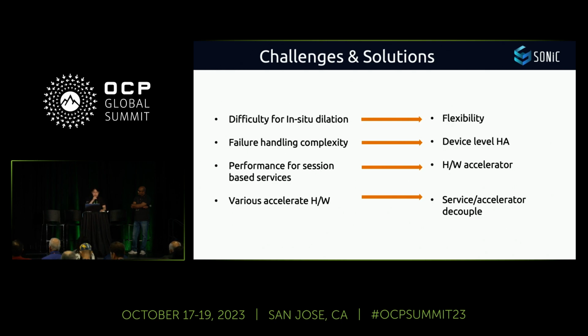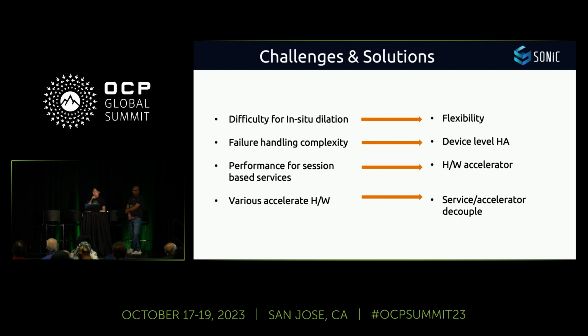Previously, what were the challenges with the current generation of the gateway? The first one is difficulty of in-situ expansion. That is, when we deploy our gateway at the customer side, in the ISP's data center, and the service requirement, especially the bandwidth, increases, we cannot easily expand or extend the bandwidth capability of our gateway.